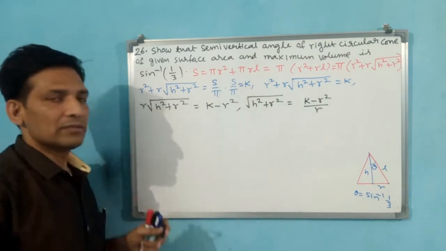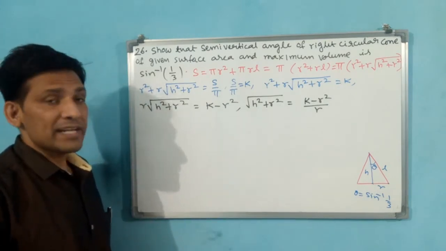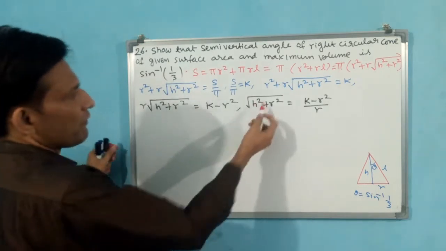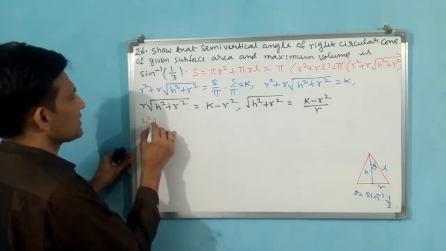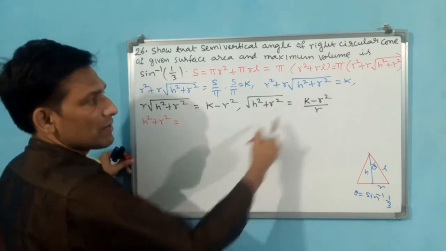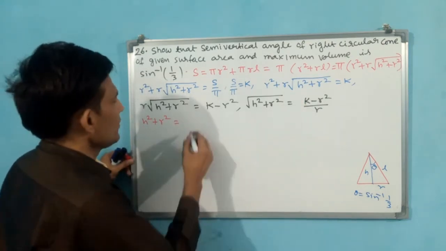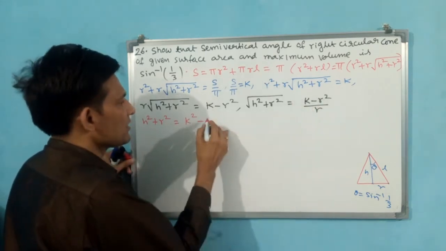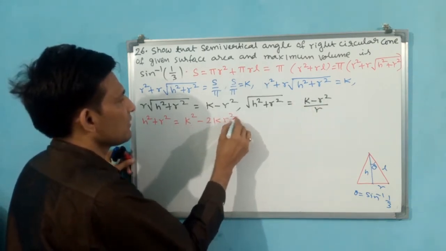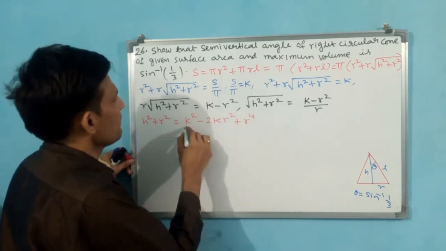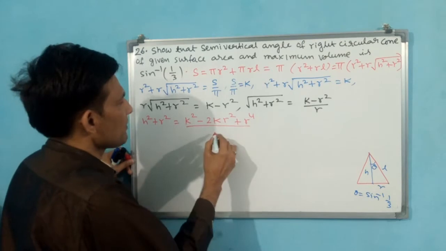Is it okay until now? Finally I want h, that is why I am squaring both sides. If I square this side, h square plus r square will become. If I square the other side, it is a square minus 2ab plus b square, because it is a minus b. Minus 2ab means 2K r square, plus b square r to the power of 4, divided by r square, since the denominator is also squared.